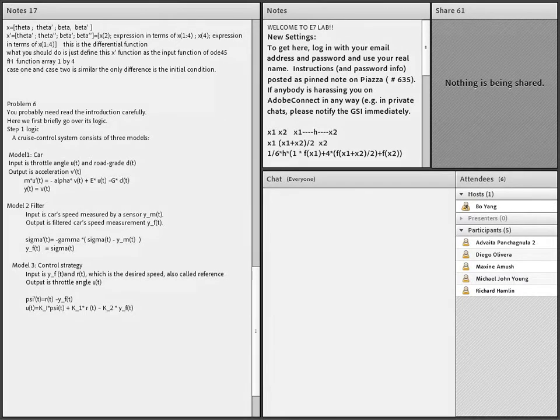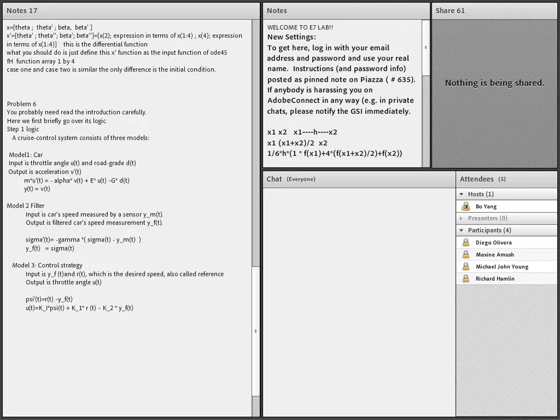So the filtered measured speed is sometimes different from the desired speed. So we need to control the throttle angle to increase or decrease the speed to let it reach the desired speed.